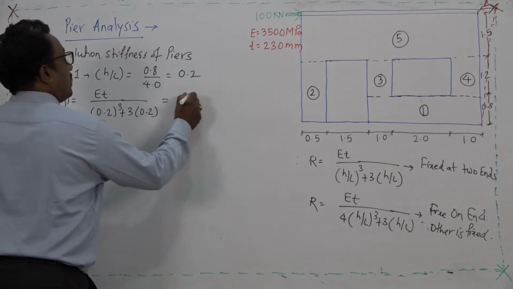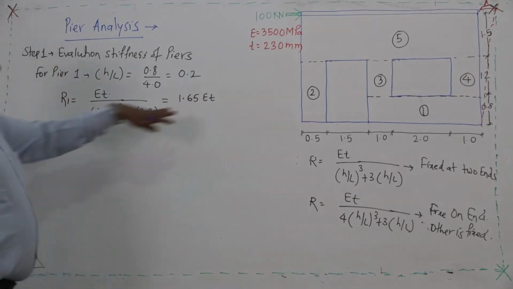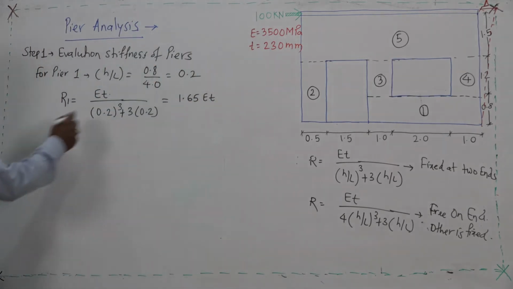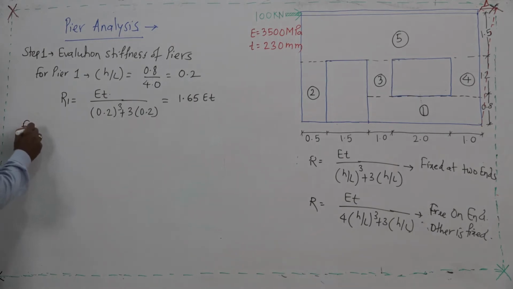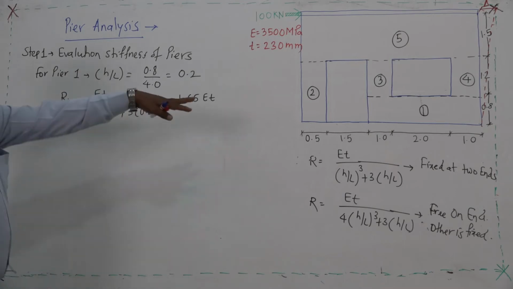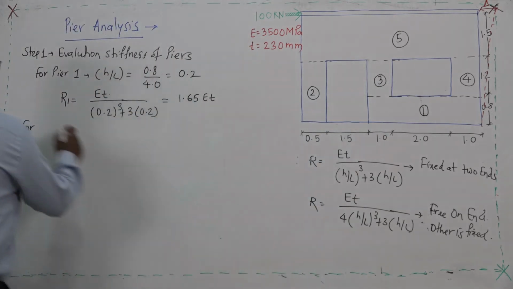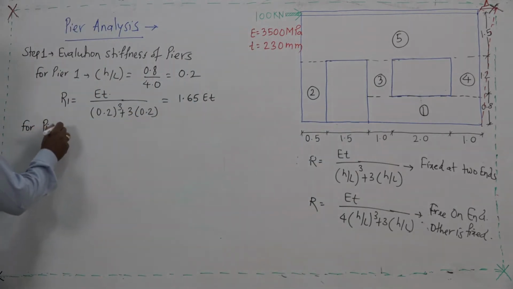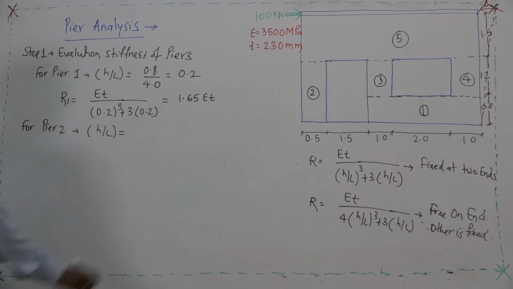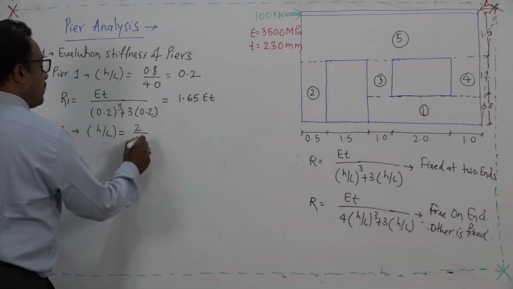So, this is 1.65 times E t. So, we will substitute the E and t later on at the final stage. Now, similar formula we can implement for computation of piers 2, 3, 4. So, for pier 2 now, the h by L will be, the h will be now 2 meter, L is 0.5.